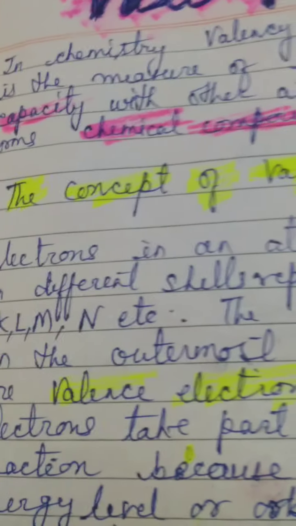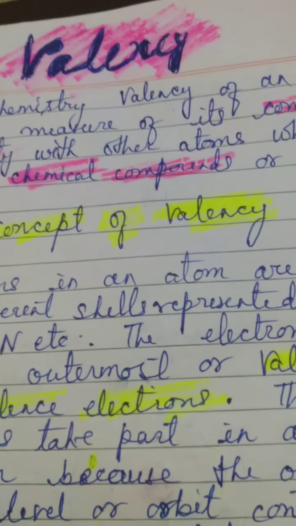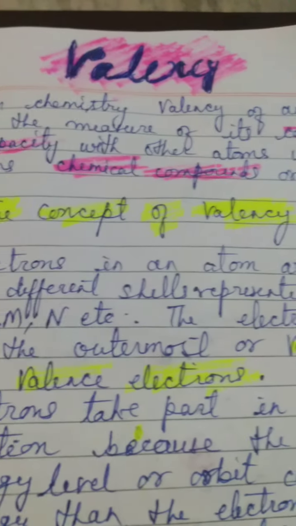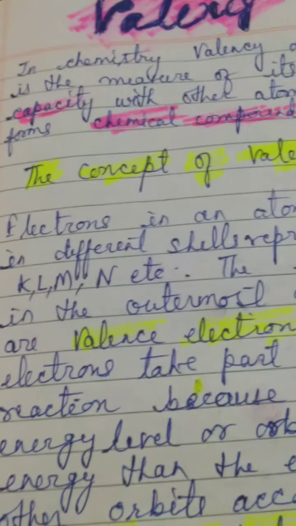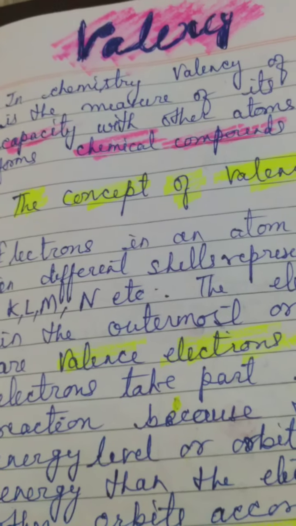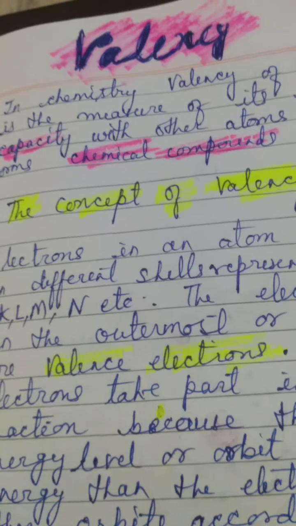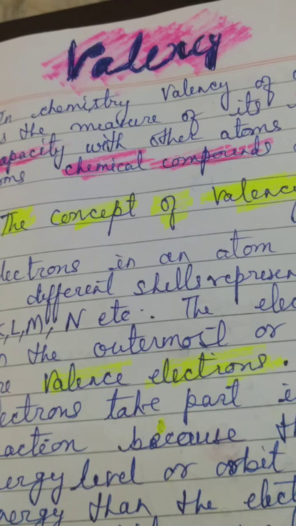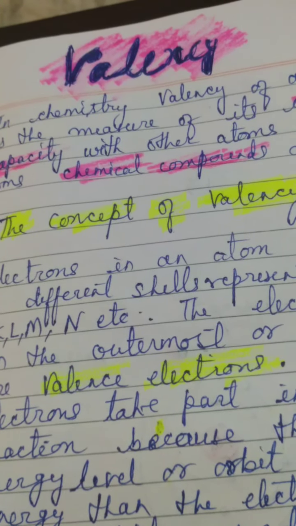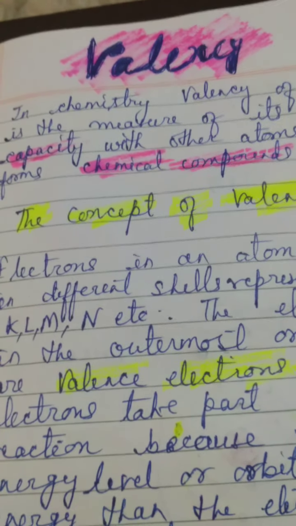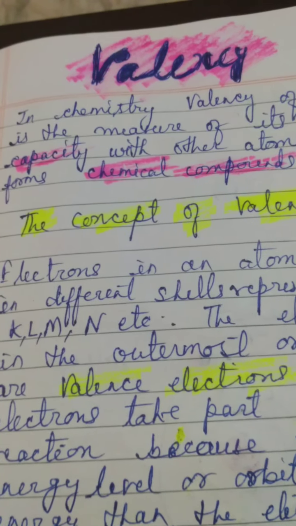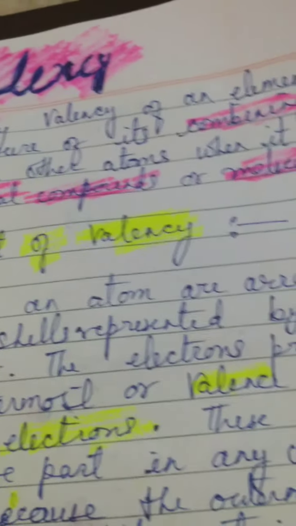Do you remember in the Bohr's model of the atom, we distributed the electrons in a way, and that way was called electronic configuration. In electronic configuration, the electrons were distributed in a fixed number in the different shells, like K, L, M, etc. Every energy level was keeping a fixed number of electrons, having a fixed energy. So at the last we find that every atom has a valence shell. What is the valence shell?